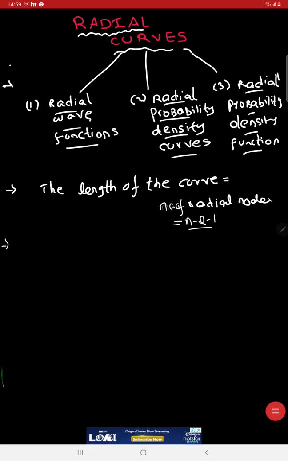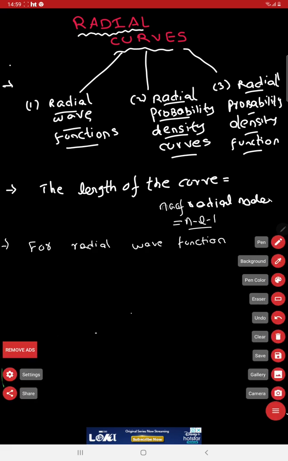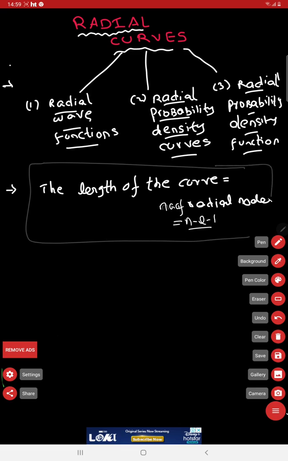The next point is for the radial wave function. I will tell you the next one directly so that you can note it simply. So remember this one, this is the important formula.